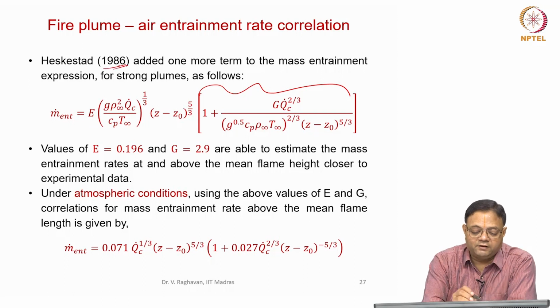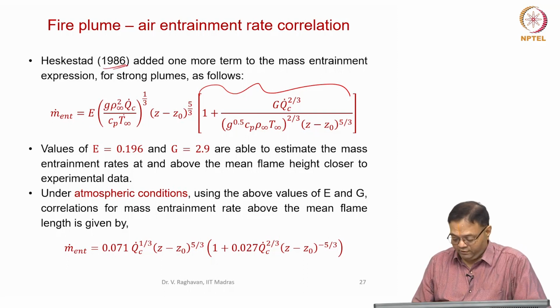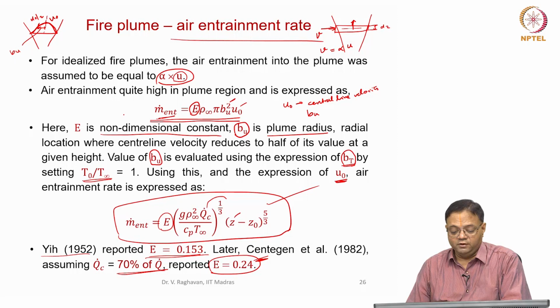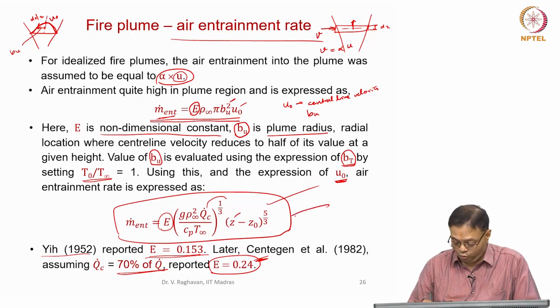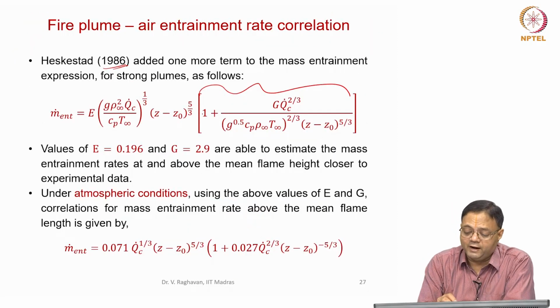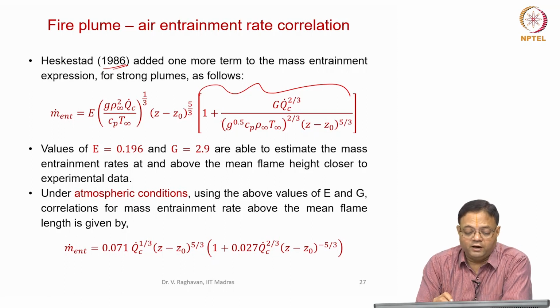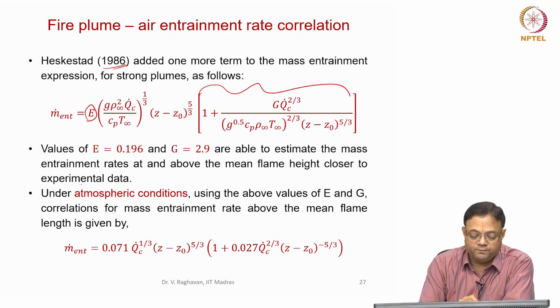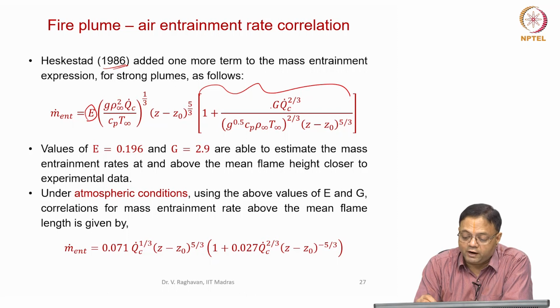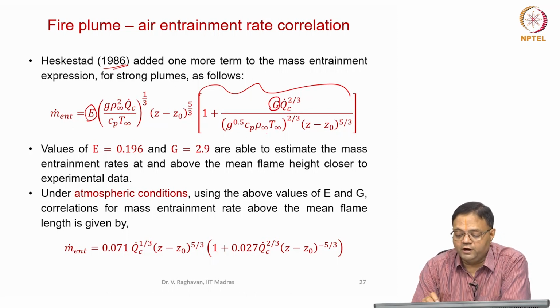Escudier in 1986 improved the previous solution given here by adding one more factor. You can see that there is one empirical constant and he introduced another empirical constant G, all others are known here.